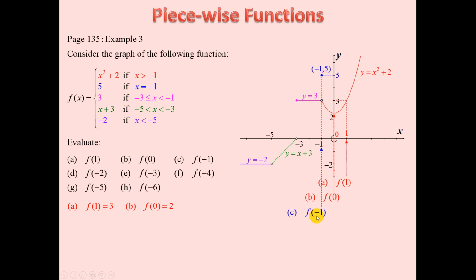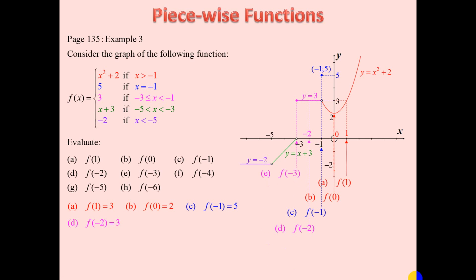So therefore f of -1 is 5. F of -2, well, it hits the line y equals 3 and goes across to 3, so therefore f of -2 equals 3.